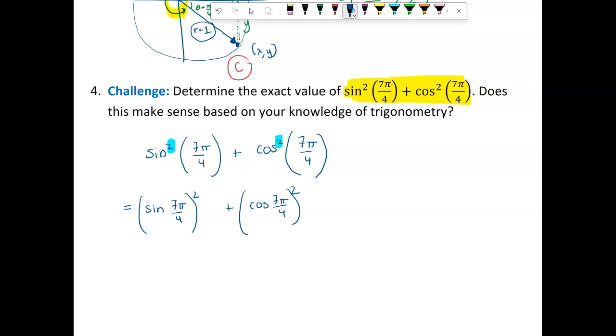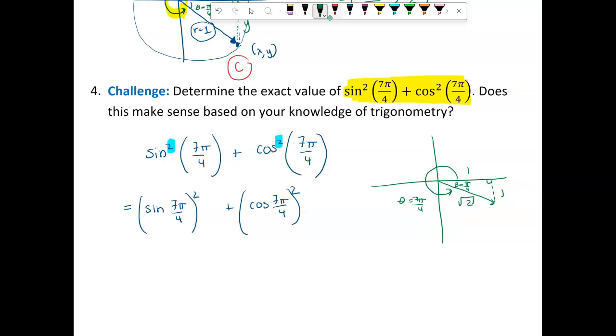So where is 7 pi over 4? As always, it's good to draw a diagram. 7 pi over 4 is almost at 8 pi over 4, so it is in the fourth quadrant. So theta equals 7 pi over 4. That means our little triangle here will have a relative acute angle of pi over 4, which means 1, 1, root 2 would be the side lengths.